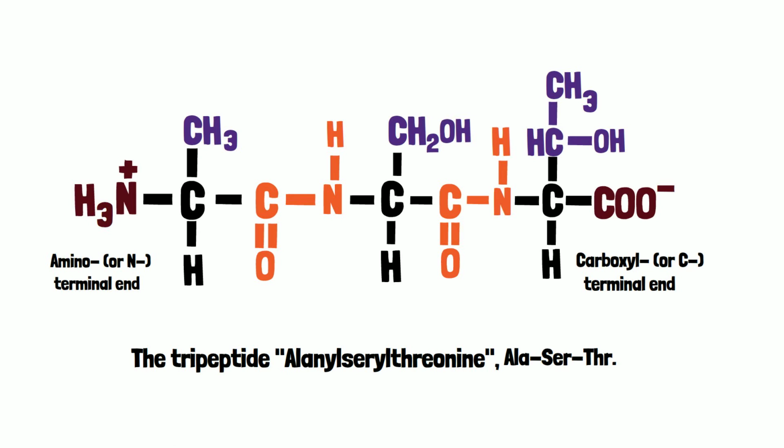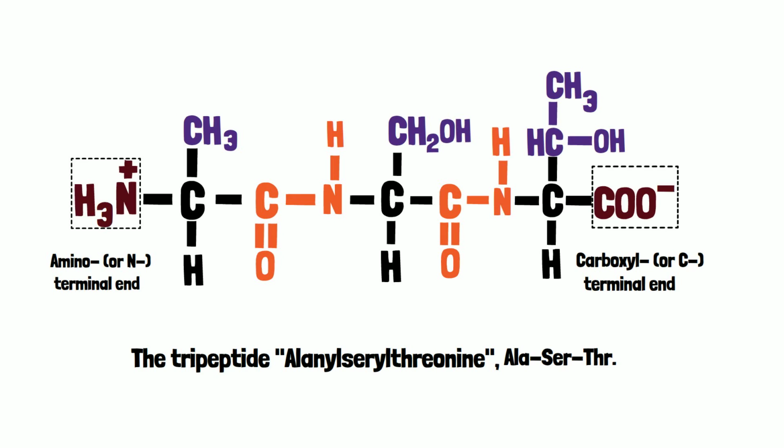So this is the amino terminal end and this the carboxyl terminal end of this tripeptide named alanyl serine threonine, a combination of alanine, serine, and threonine. And every peptide, both oligopeptides and polypeptides, have an amino terminal end and a carboxyl terminal end.